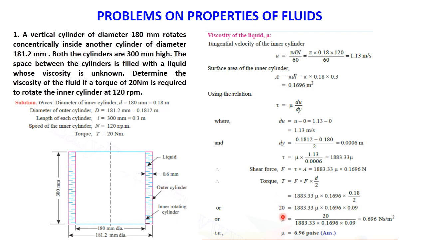So here torque 20 is equal to 1883.33 mu into 0.1696 into 0.09. Therefore mu is equal to 0.696 Newton second per meter square, and when you multiply this by 10, we get mu is equal to 6.96 poise. So this is the way in which we calculate the dynamic viscosity.